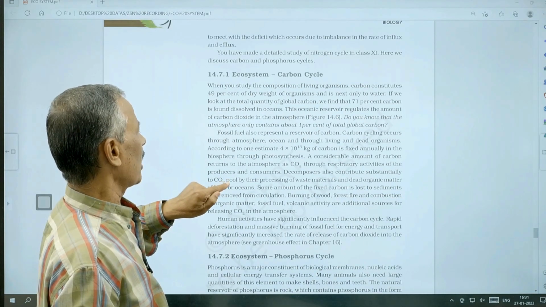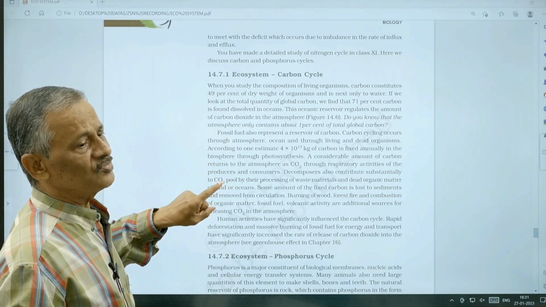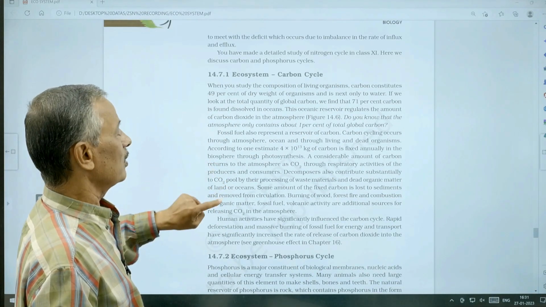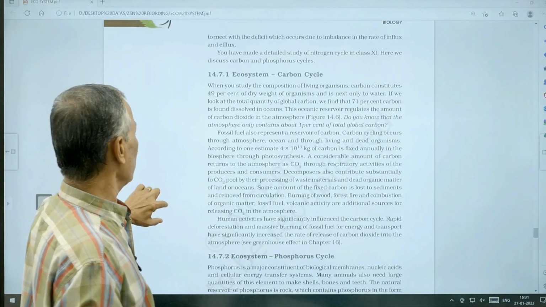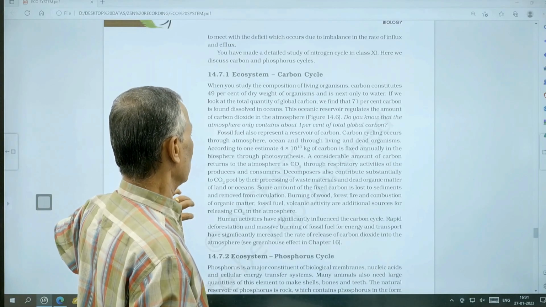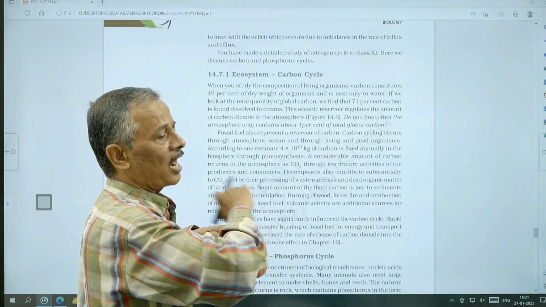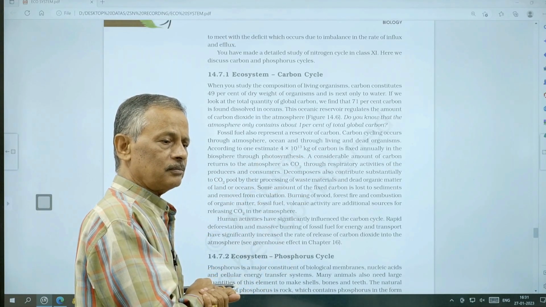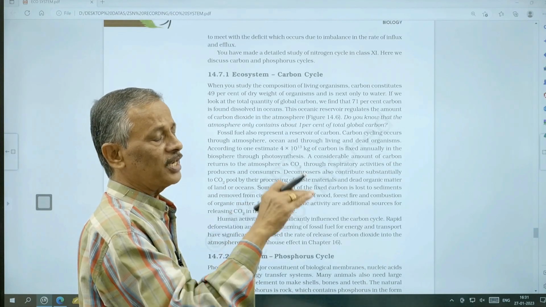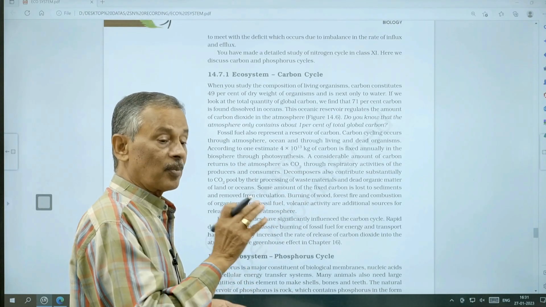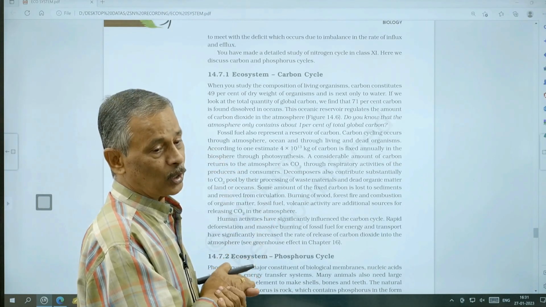But at the same time, this carbon cycle is one which is highly disturbed by human activities, anthropogenic activities. Why? Because we are all rapidly removing forest areas, and forest coverage is reduced very much. Remember, only plants can reduce the carbon dioxide.